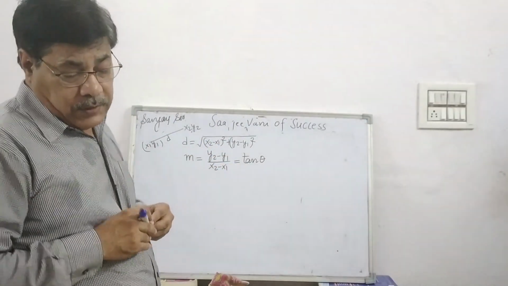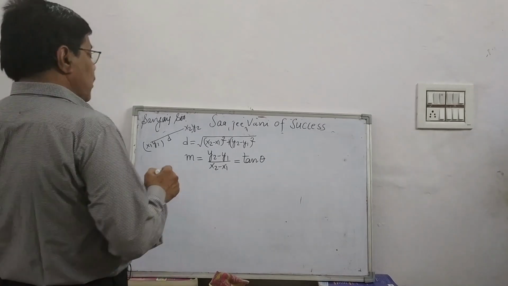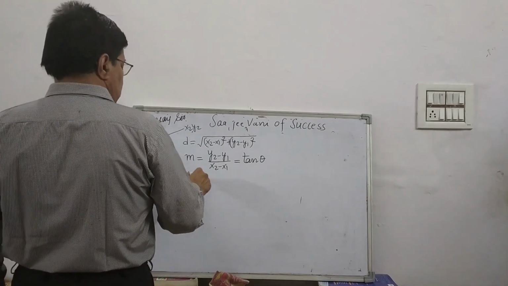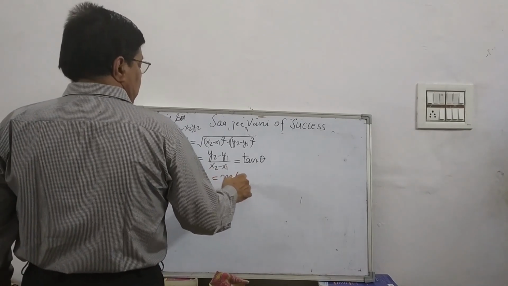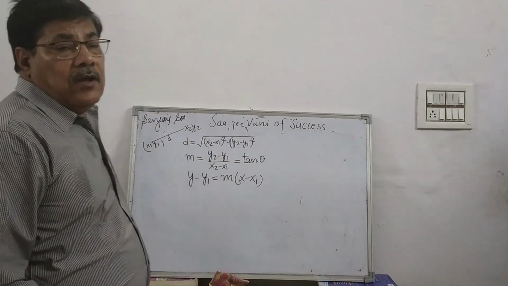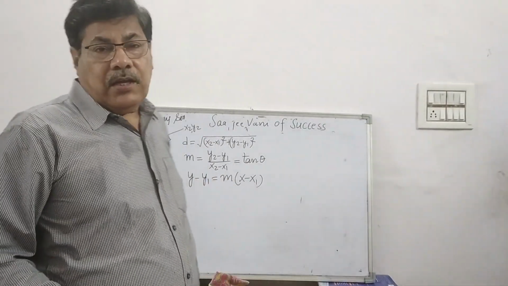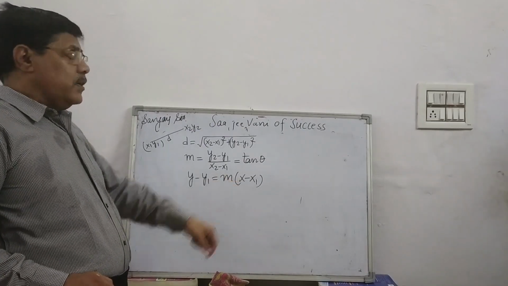Now what is the equation of line? So this is the equation of line: y minus y1 equal to m into x minus x1. This is the formula for the equation. Note the equation y minus y1 equal to m into x minus x1.